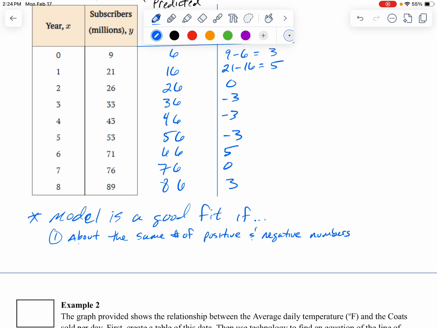If we have approximately the same number above the line as we do below, that's what's represented here by positive and negative numbers.